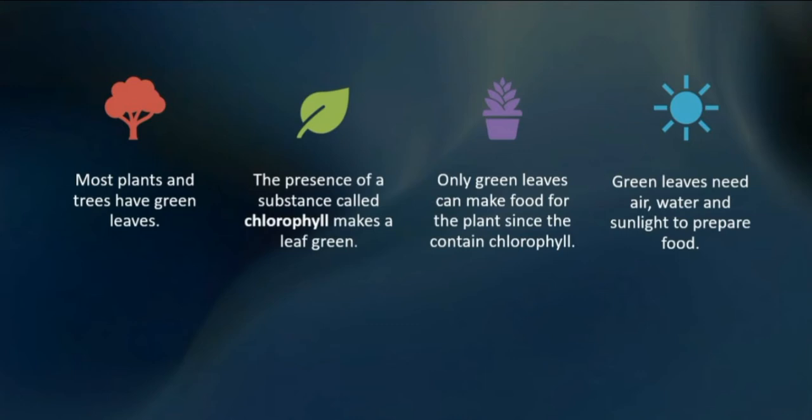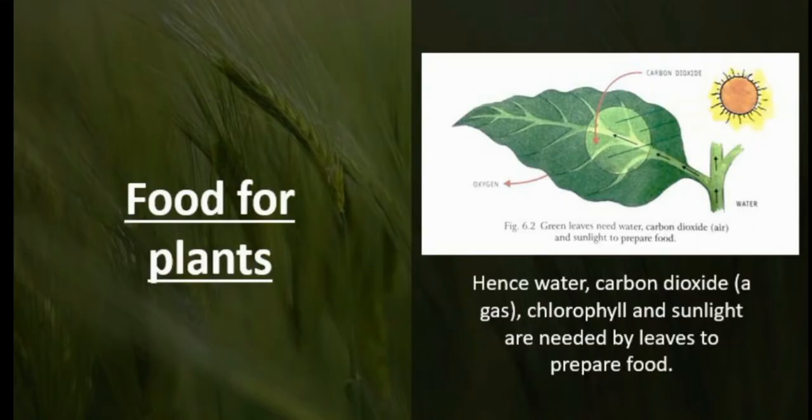And green leaves need what all things? Air, water and sunlight to prepare the food. Now we will see how food is made in the plants. As you can see in the figure, a plant takes in water from the soil and carbon dioxide from the air.